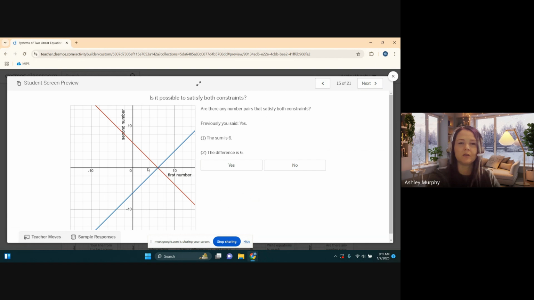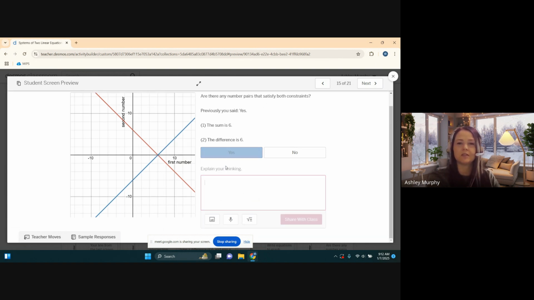So right here, let's see, 2, 4, 6, 8, 10. It looks like they're counting by 2. So this would be the coordinate point (6, 0). And 6 plus 0 is 6. And 0 minus 6 is, well, no, it'd have to be 6 minus 0 to get a positive 6. Yeah, so 6 and 0.